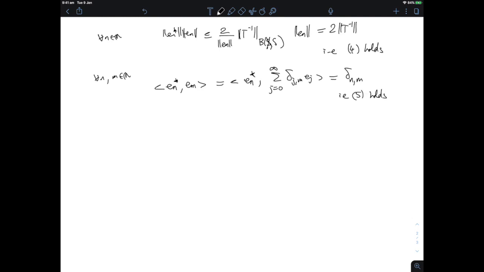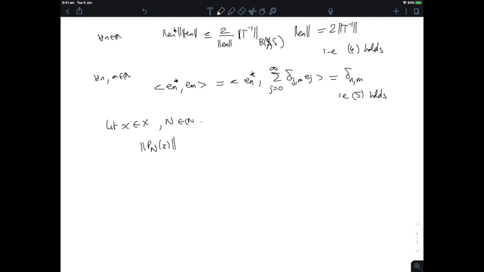Very good. What about 6? The very last one. Now you take an x in X, and you take an n in capital N, and you look at Pn of x. Now, Pn of x is what?